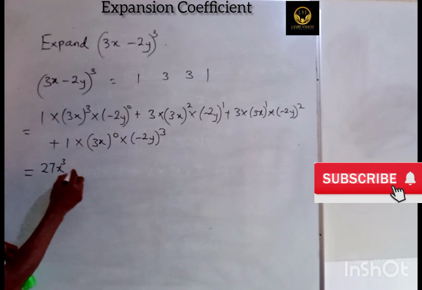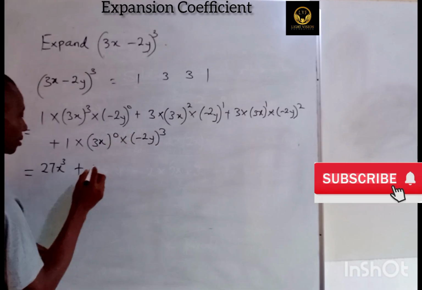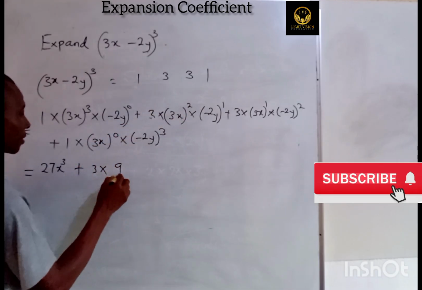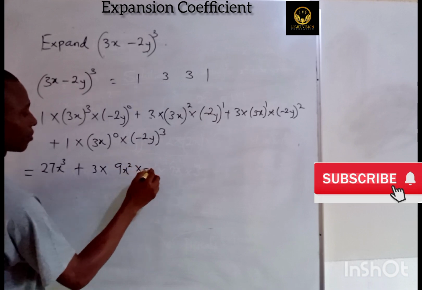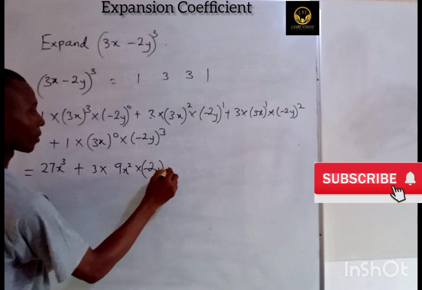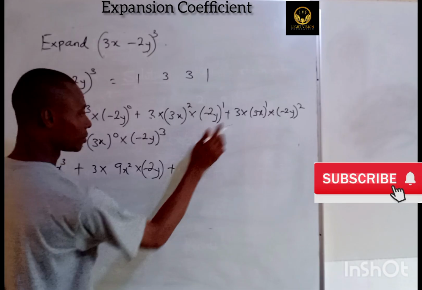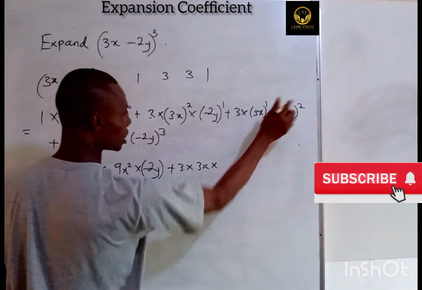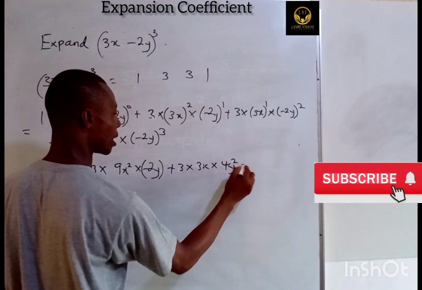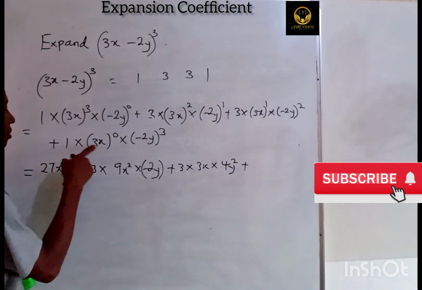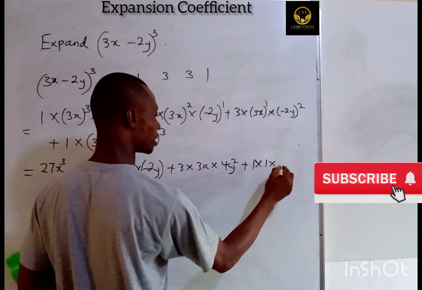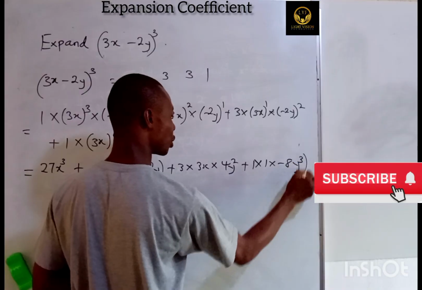Now when we expand, this becomes 1 times 3x cubed is 27x cubed. Plus 3 times 3x squared, 9x squared times minus 2y, then plus 3 times 3x times minus 2y squared, which is 4y squared, plus 1 times 3x to the power 0 is 1, times minus 8y cubed.